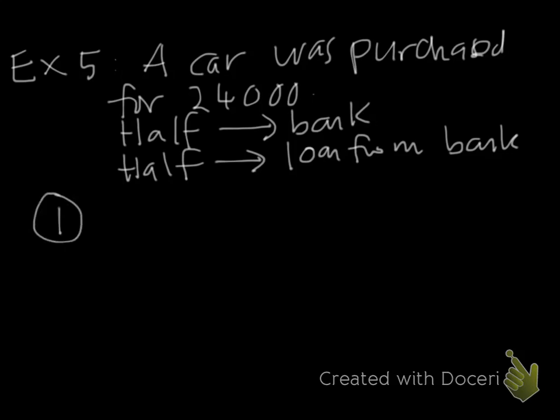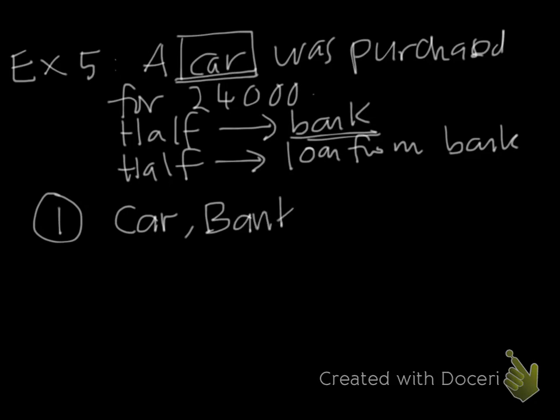So the first step, the account that affect from this case is a car account. Next, half from this car value is paid from a business bank account. So a bank and another half from a loan from a bank. So a bank loan.